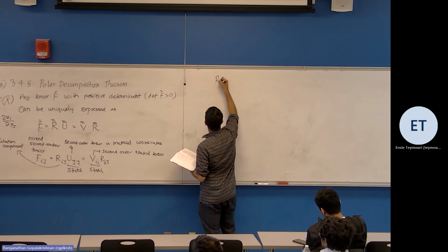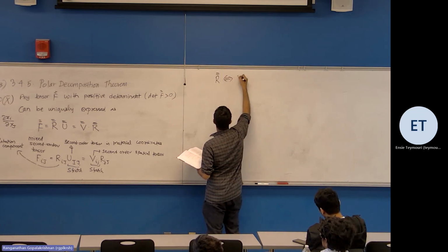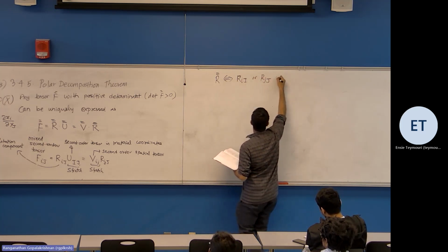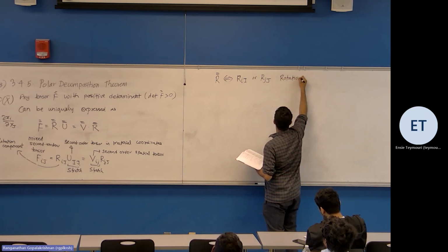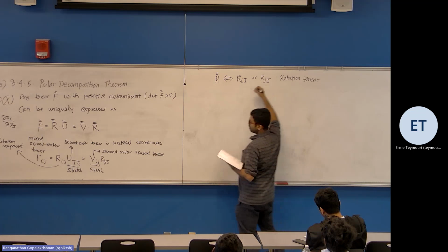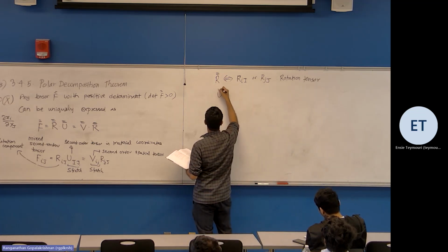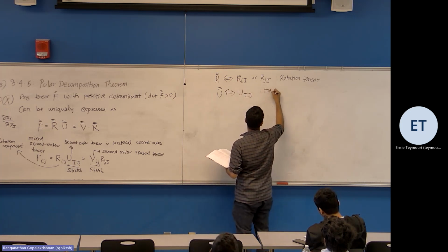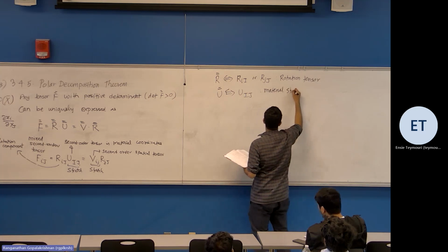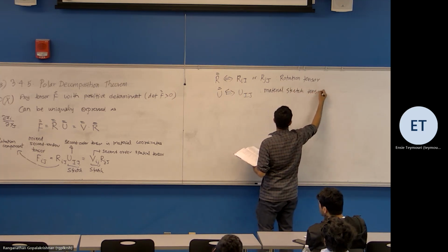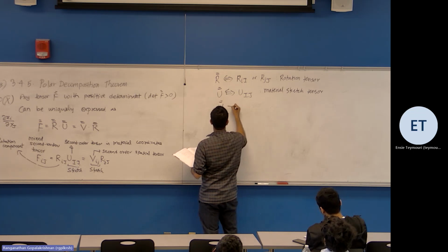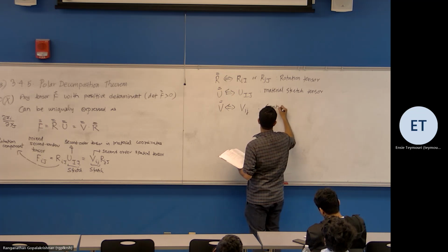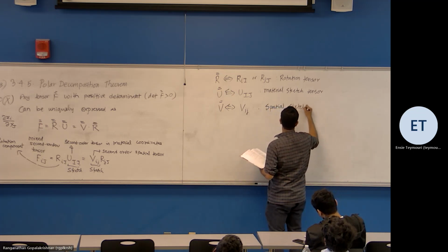So I'm going to write R, which is Rij, whatever you want to call it, is the rotation tensor, and U, which is Uij, is the material stretch tensor, and V, which is Vij spatial, is the spatial stretch tensor.